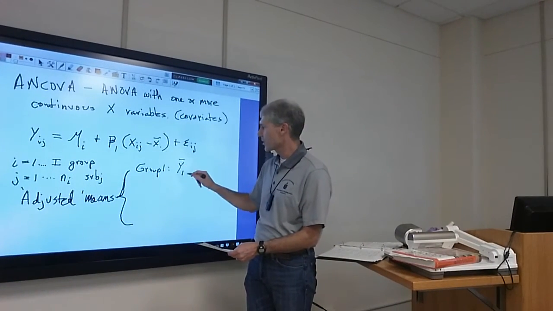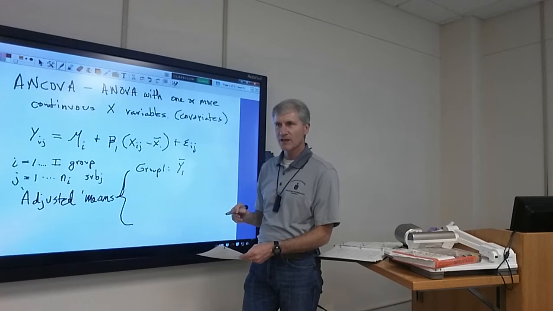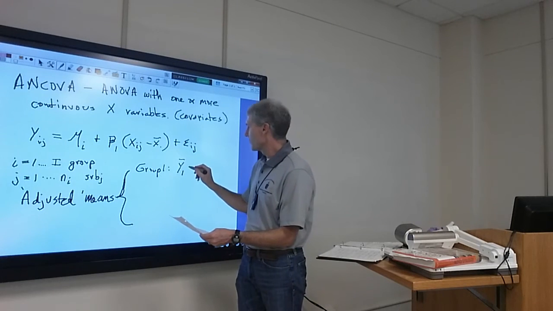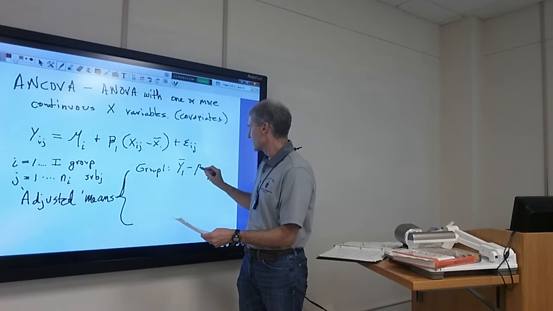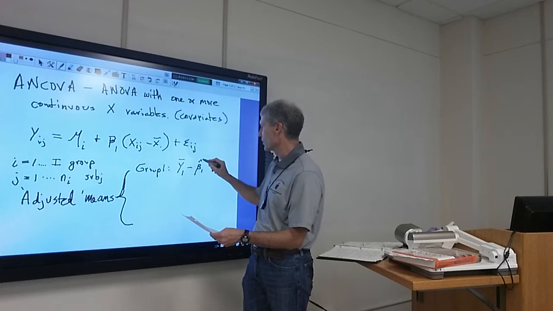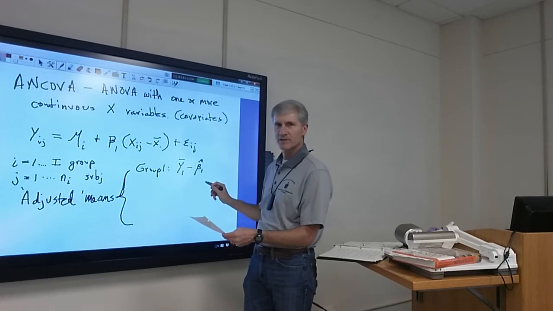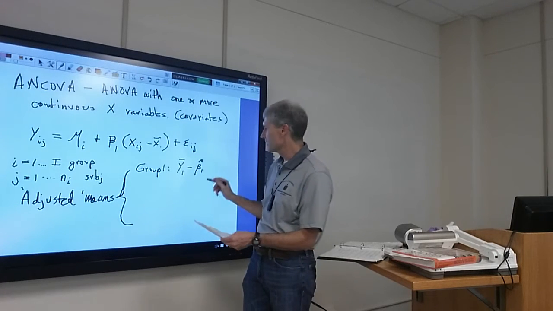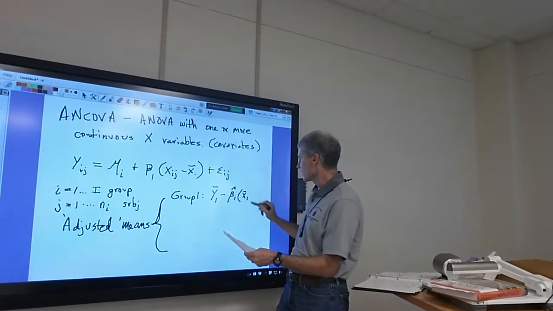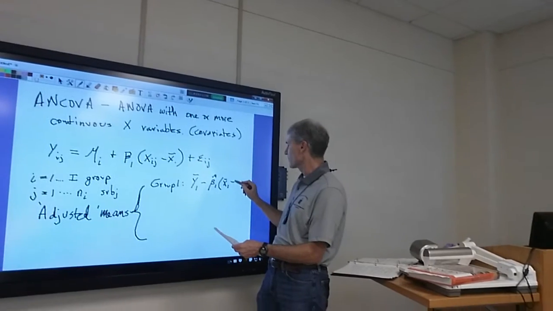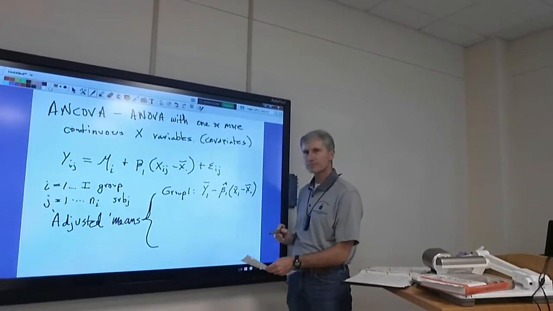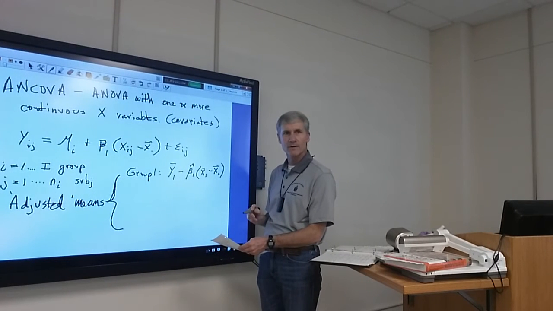So y bar 1 is the mean of the y variable in group 1, minus beta 1, and I'm going to put a hat on it because we won't know the true value of that parameter, so we're going to have to estimate it from our data, times the distance that that group X mean is from the grand mean. Got it?